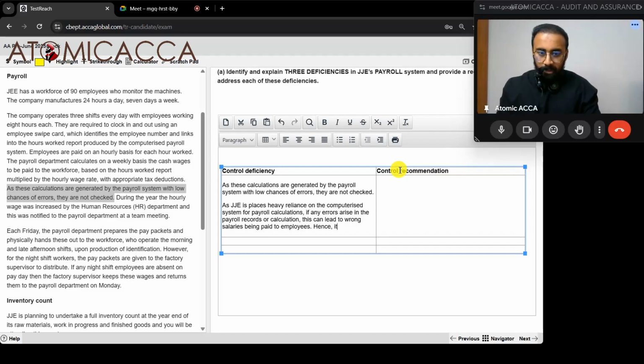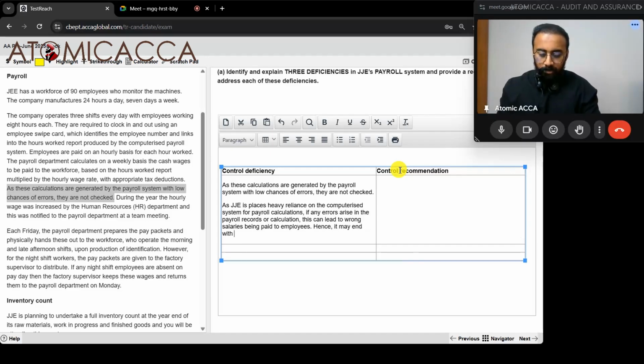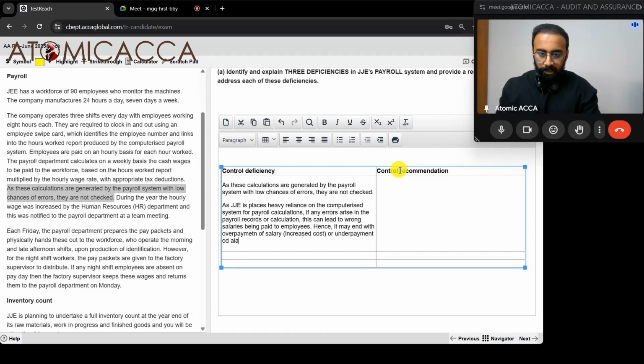Hence, it may end up with overpayment of salary, which is increased cost, or underpayment of salary, employees dissatisfied.